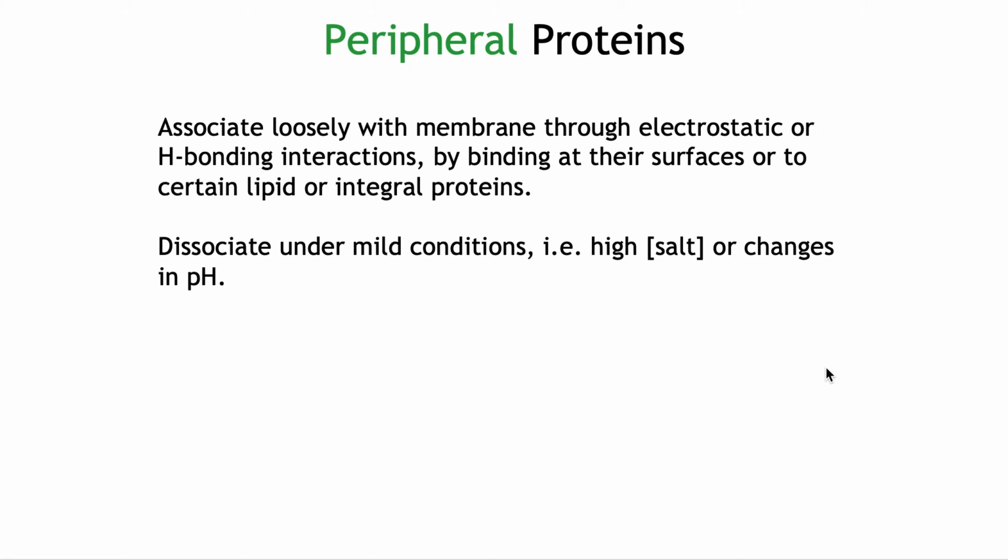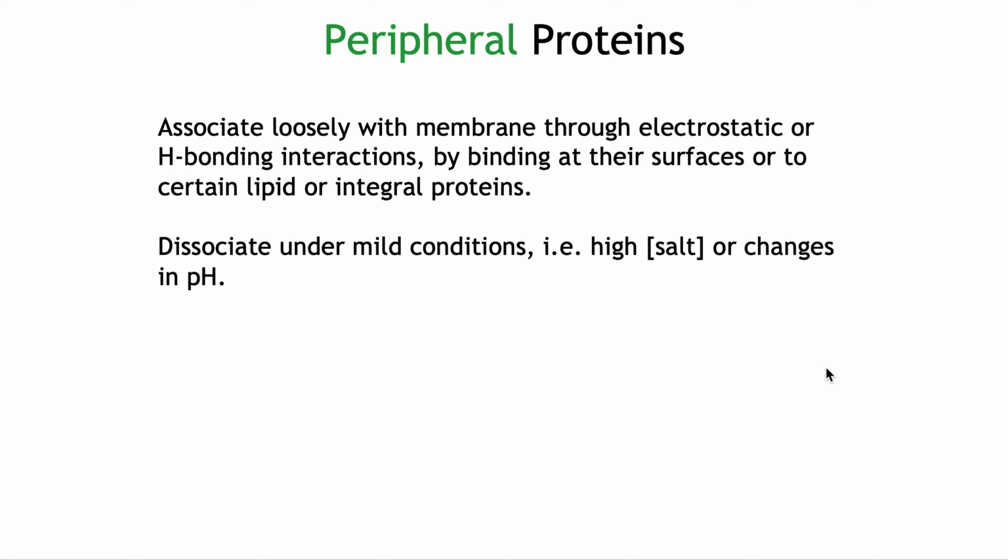Our last type is really the simplest, peripheral proteins, which are known to associate via electrostatic interactions and hydrogen bonding with either hydrophilic domains of nearby integral proteins or with the head groups of the membrane lipids.